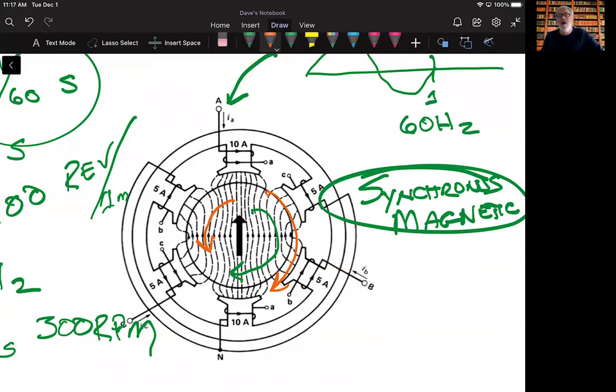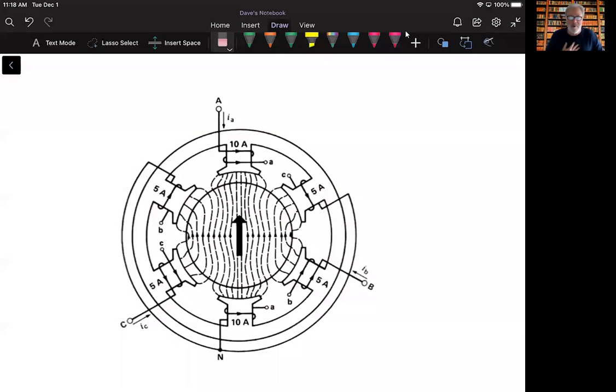So we use that a lot. There's actually a device that we can engage to change the direction of a motor. All right, so that's an important characteristic of a three-phase motor. The next thing I want to bring up in this section is that these are what you call salient poles.